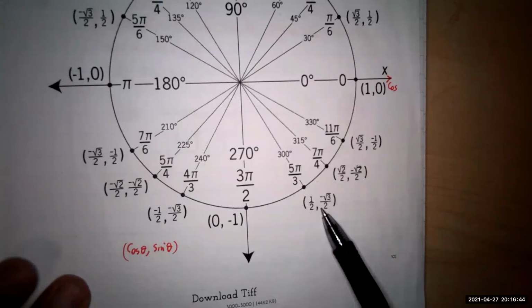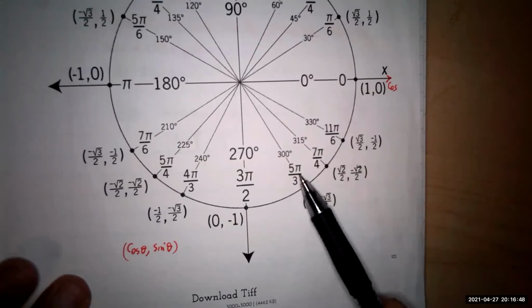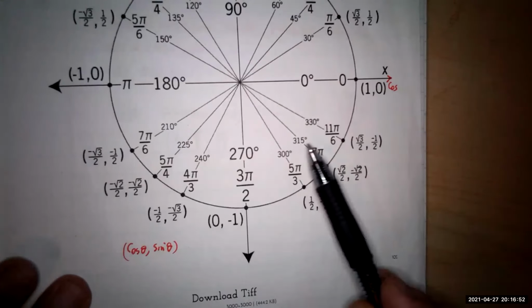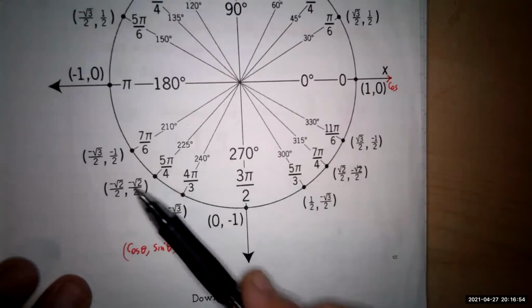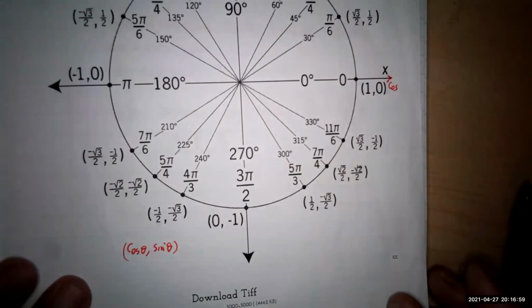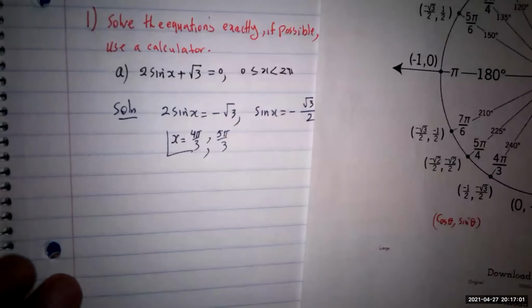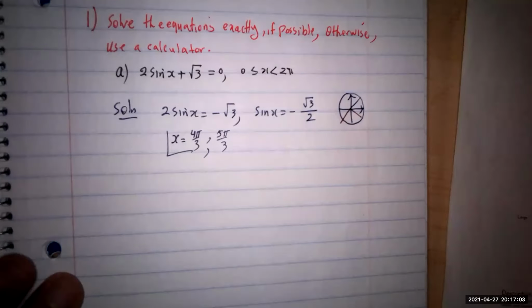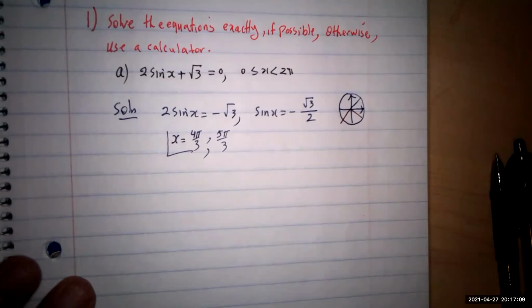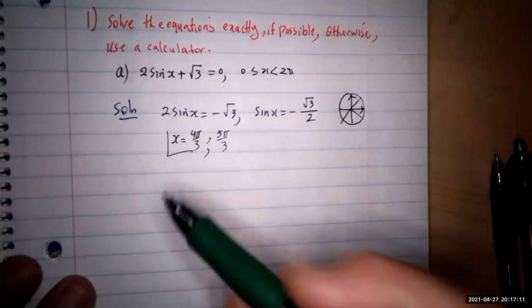And if you check the one over here, it is negative radical 3 over 2, which is 5 pi third. Okay, so if you identify the location that you need, quickly you can go to the table and get it so that you're not going to miss it. Okay, so this is it, solution 4 pi third and 5 pi third. So that was something standard, but we have to solve for sine x. Any question?